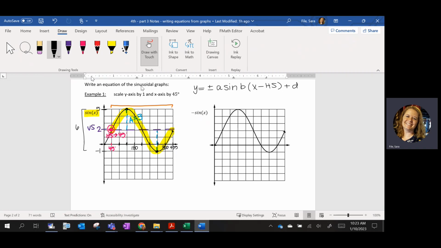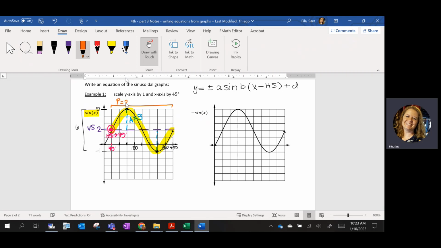Okay, so when I'm measuring my period, it's going from 45 to 405. That's the distance, like the span. So the distance between them, I take the higher number and subtract the lower number. 405 minus 45 is what?